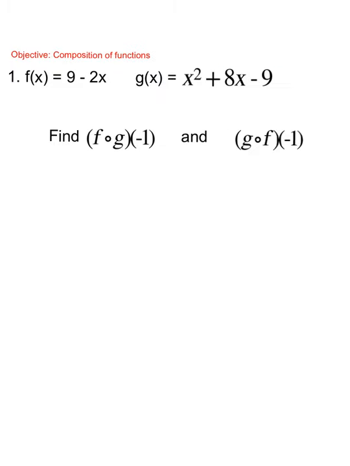All right, so let's do a review of what we did before the break. So we have our in and we have our out. So our inside function and our outside function. So the inside is this g of x, and the outside is f of x.